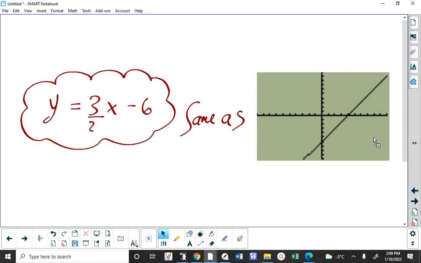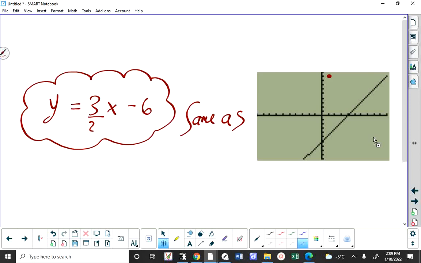Let me ask you a question. Is 1, 9 a point on this line? No. So what does that tell you about x equals 1 and y equals 9 in the equation? Boy, first day back after 3 weeks, and I'm asking you to really think hard about this. This is difficult.